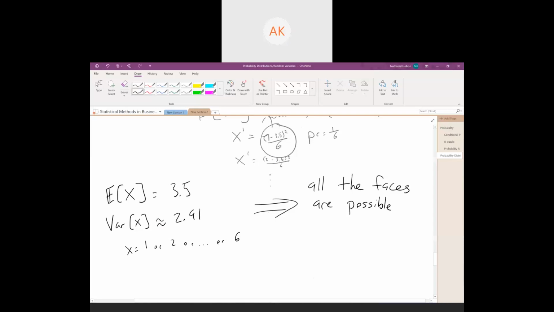Okay, so here we have the expectation of x, and so this is 3.5. Sorry, let me erase those. Here's 3.5, that's E of x. And the variance is how much things on average are away from this.